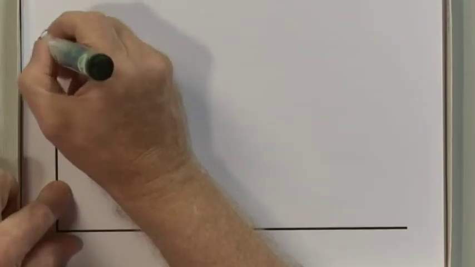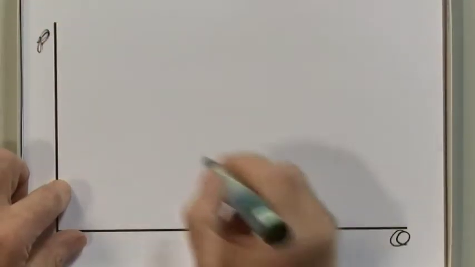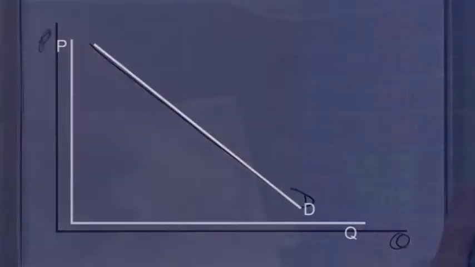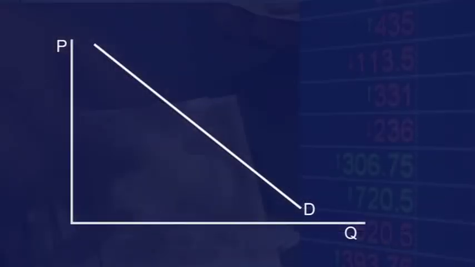Now, one way of illustrating that is to do it via our demand curve. And we did that before. We can take an ordinary demand curve with the price here and the quantity here, and here's our own price demand curve, and we can say what happens if income rises.